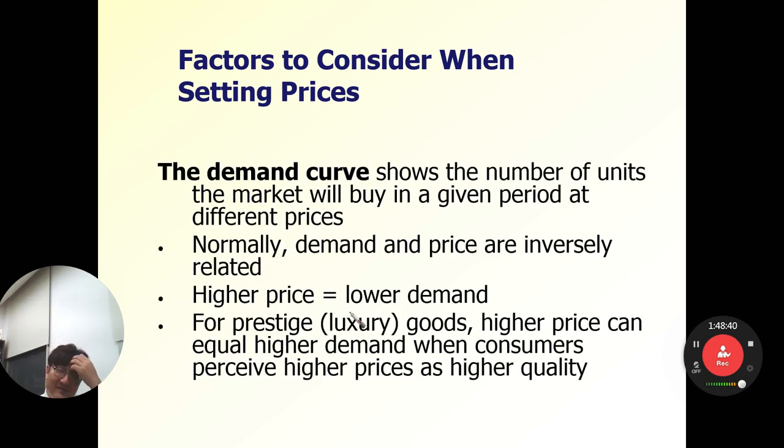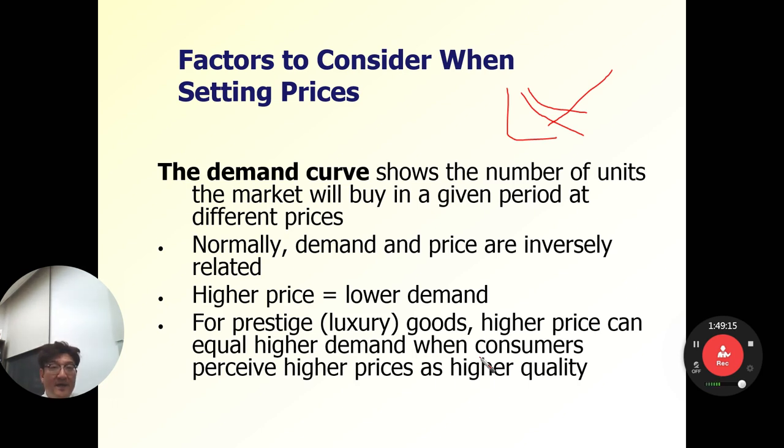So normally, the demand and price are inversely related. That is why the demand curve follows this line, not this one. Higher price means lower demand, but that is in most cases, like I said. In some cases, for prestige goods, a higher price can equal higher demand, because sometimes a high price can act like a utility.